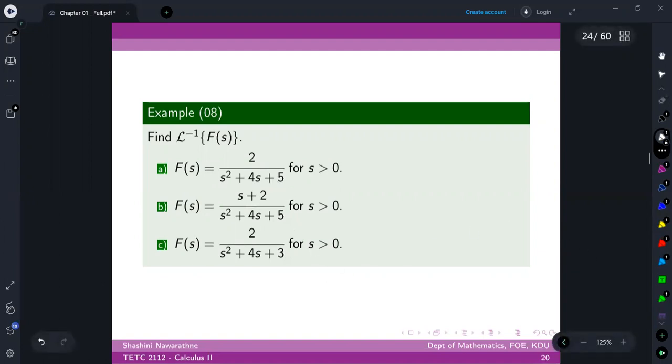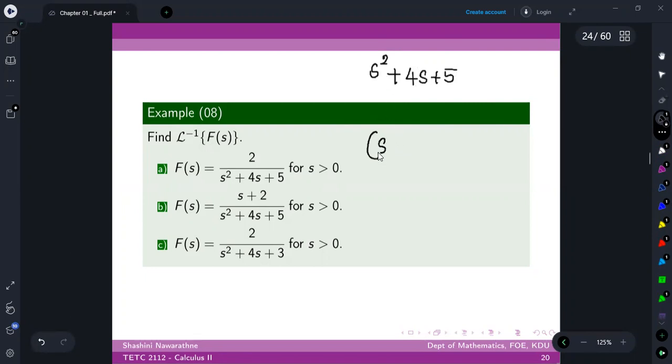So here in the first two examples, the term in the denominator is s squared plus 4s plus 5. The first thing we need to do is complete the perfect square. Starting from the first term, the coefficient is 1, so there is no need to change anything.